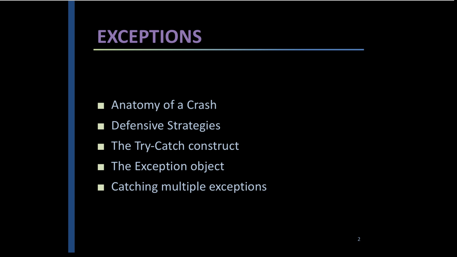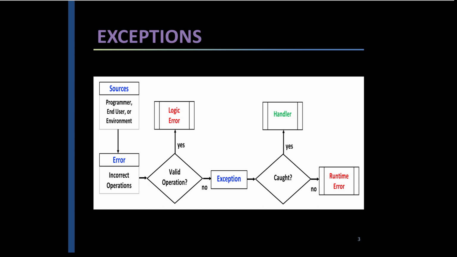So every exception has an object associated with it, and when an exception occurs, an object gets instantiated, and we can benefit from the inheritance hierarchies in Java to catch generic exceptions or particular exceptions. So let's start. First of all, what are exceptions and why do they happen?